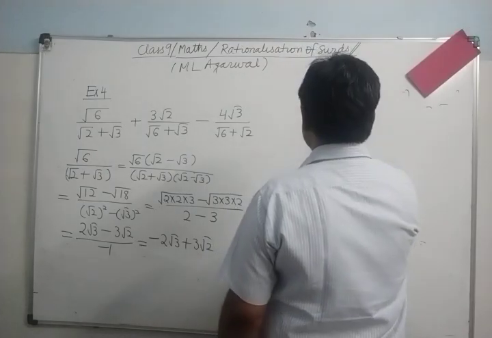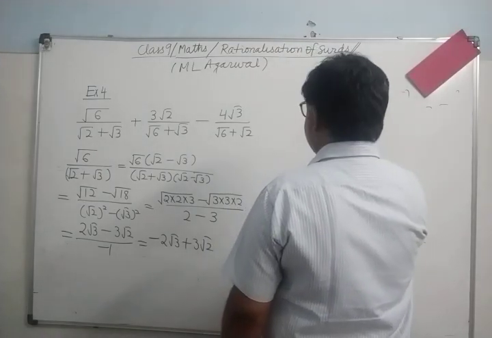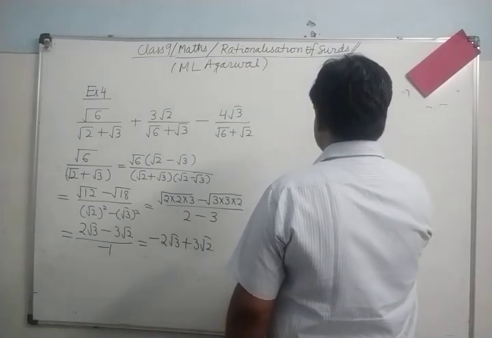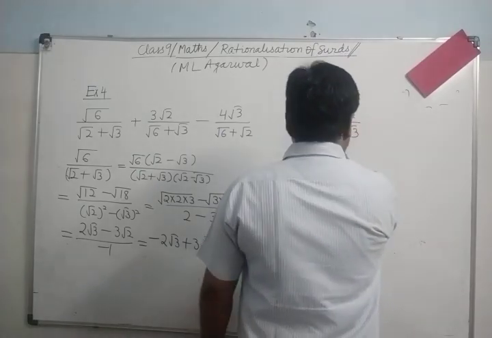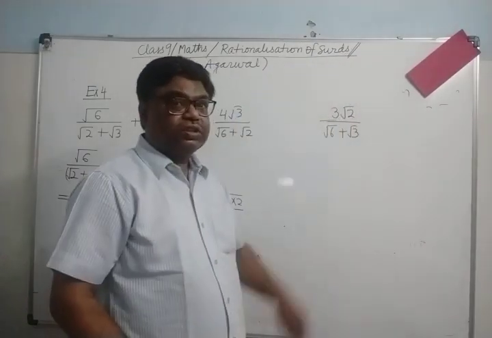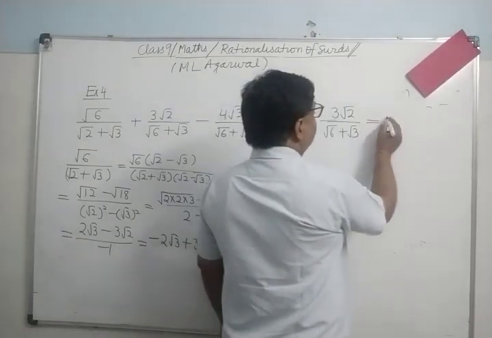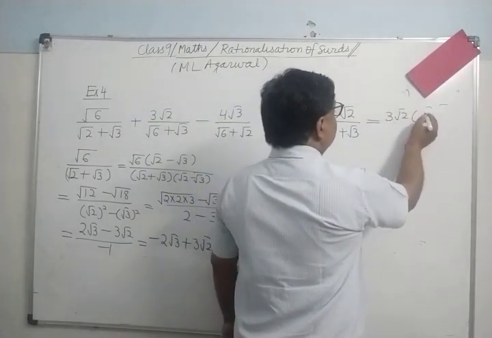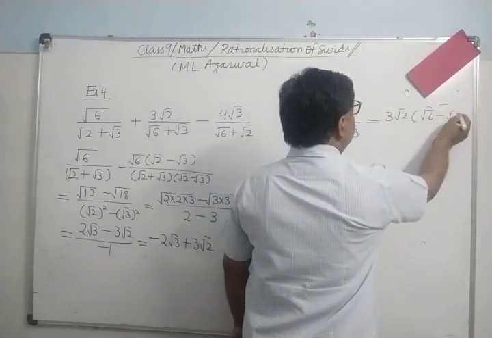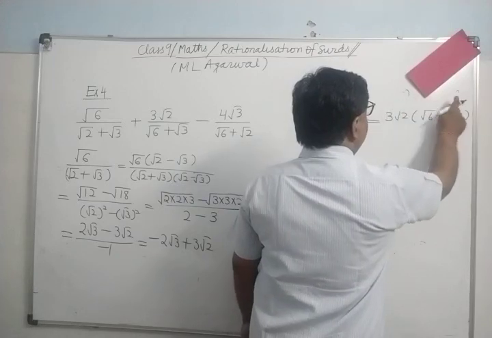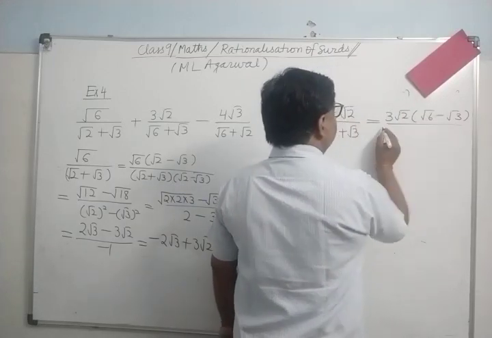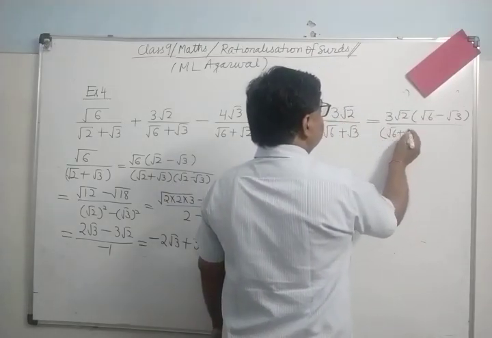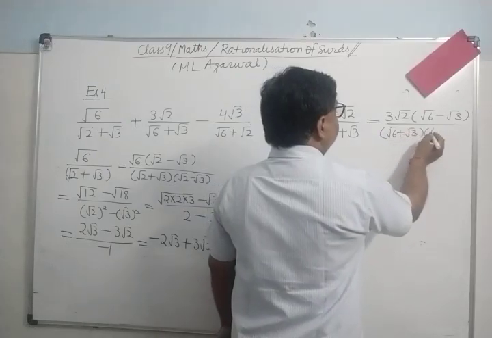Now you simplify this. 3√2 upon √6 plus √3. So what will be the RF? It will be √6 minus √3. So it will be 3√2 into √6 minus √3. It's clear? In the denominator it will be √6 plus √3 in one bracket and √6 minus √3 in the other bracket.